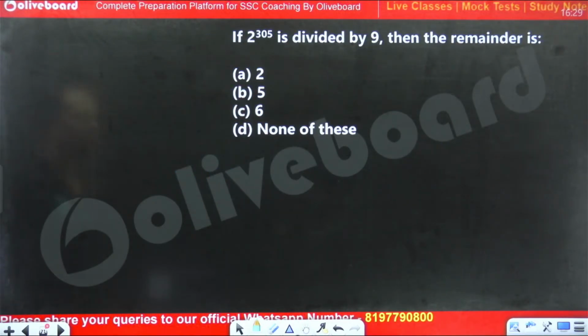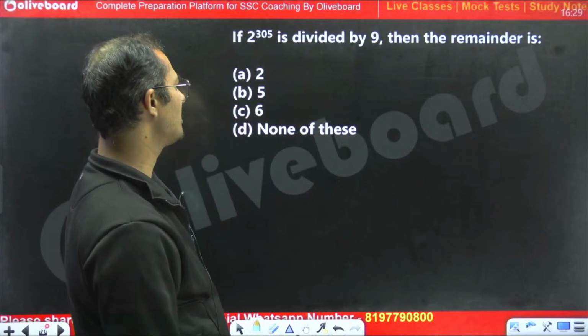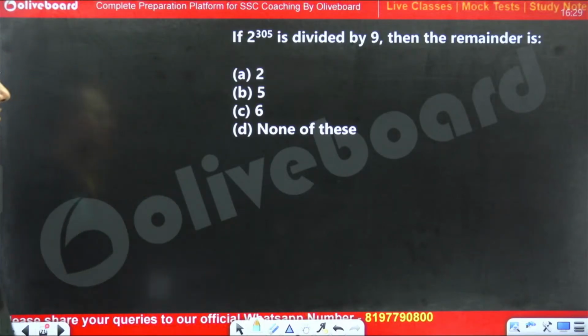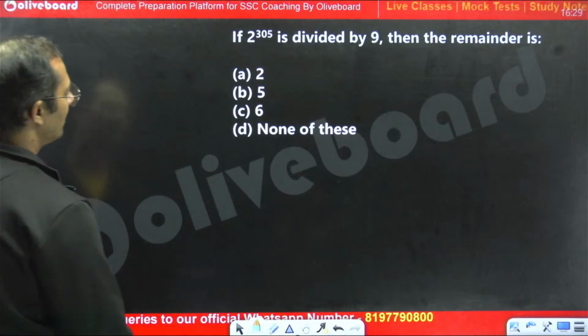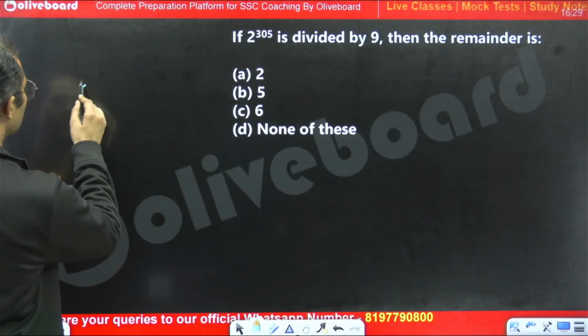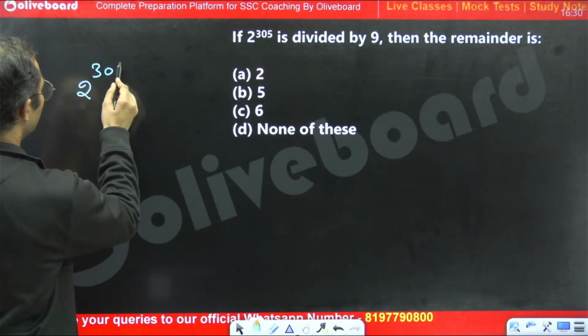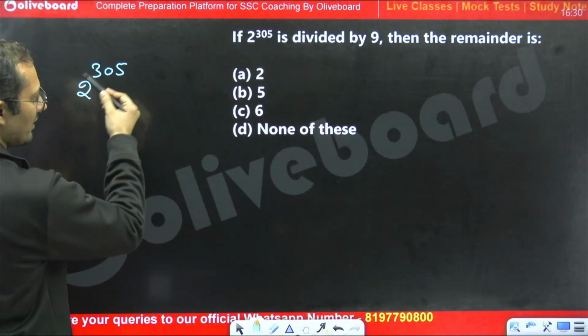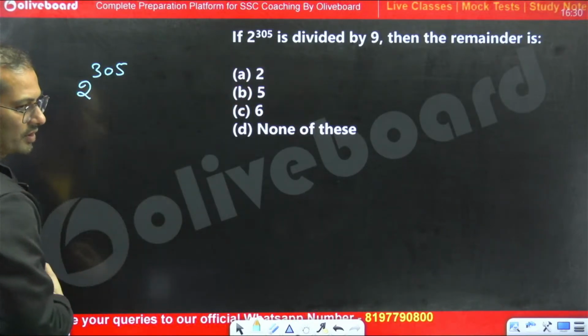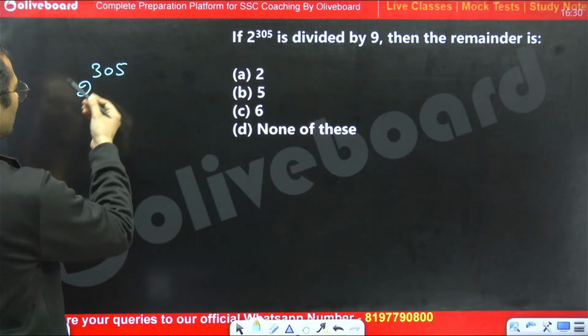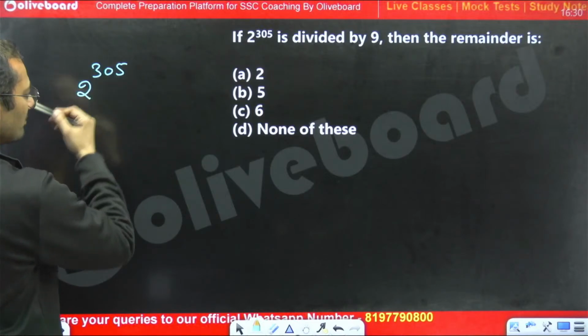So just do this question. 2 to the power 305 is divided by 9. Then what is the remainder? See, we need 2 to the power 3 because we have to convert the base. So the power must be a multiple of 3.